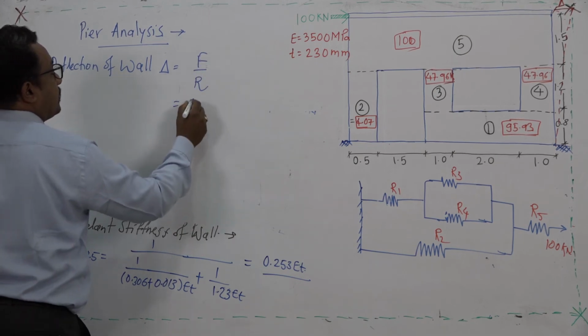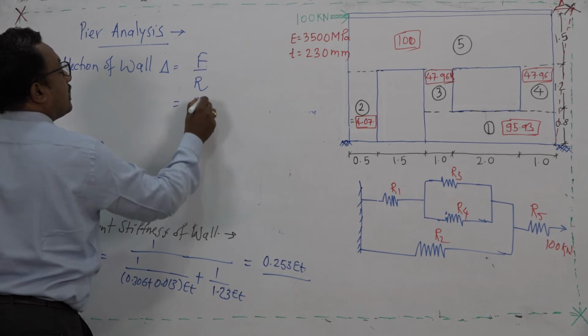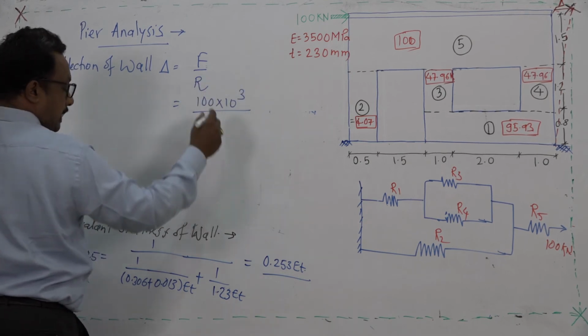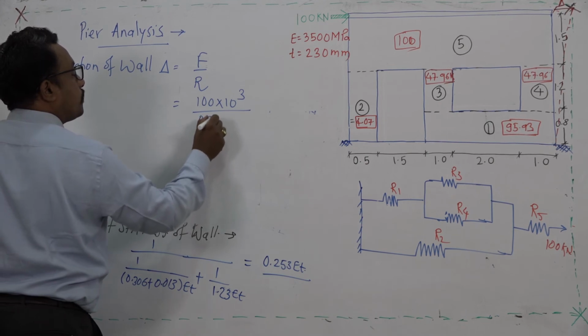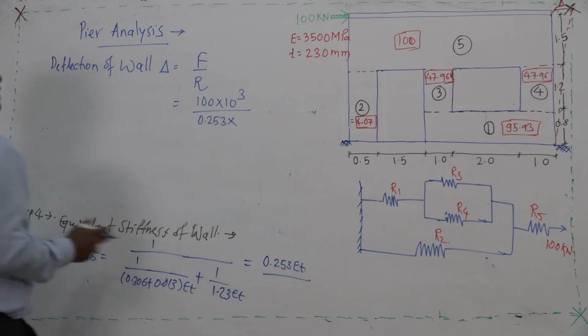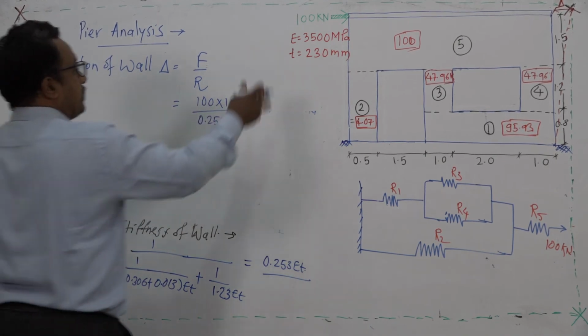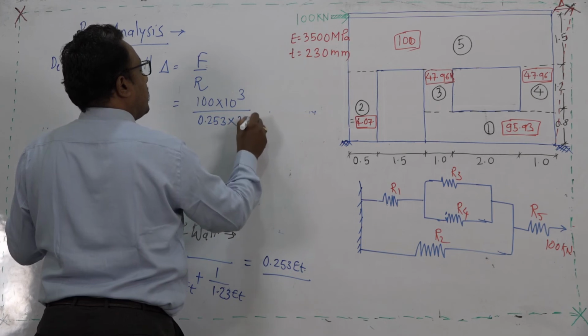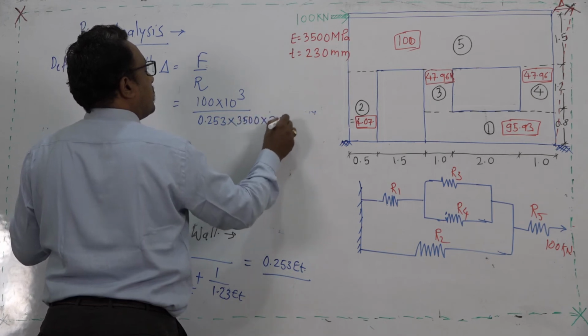So, F value is the applied force 100 times 10 to the power 3 in terms of Newton, R is 0.253 times ET. Now, we will substitute the relevant values of E and T. So, E is now 3500 and thickness is 230.